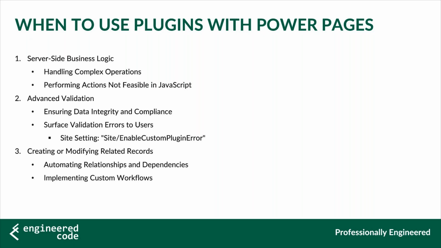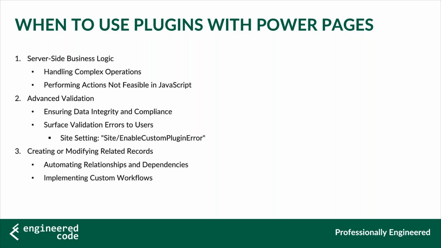Another key use case for plugins is advanced validation. While basic validations can be handled on the client side with JavaScript, there are scenarios where server-side validation is essential. For instance, you might need to validate data against external systems, perform some complex calculations, or enforce business rules that require access to sensitive information.